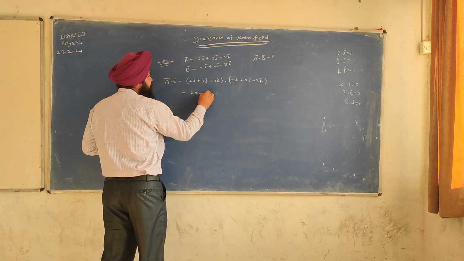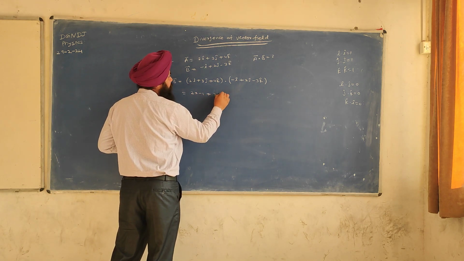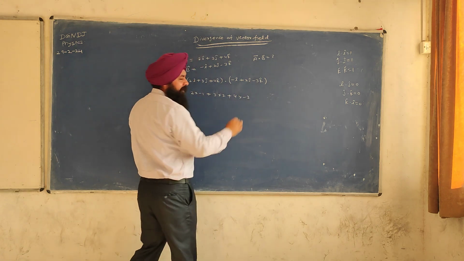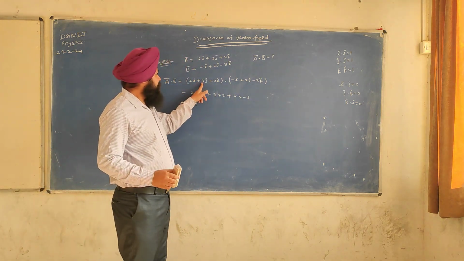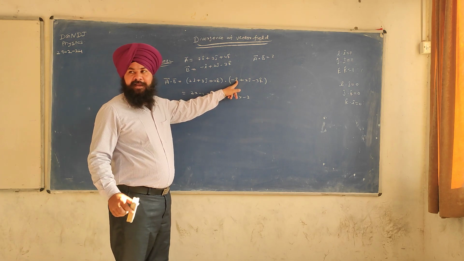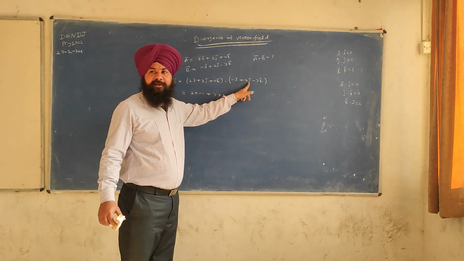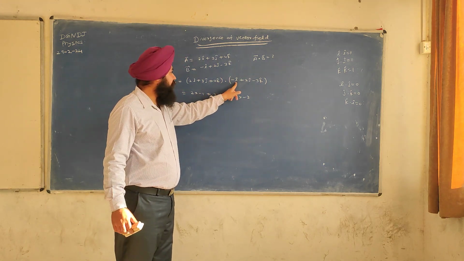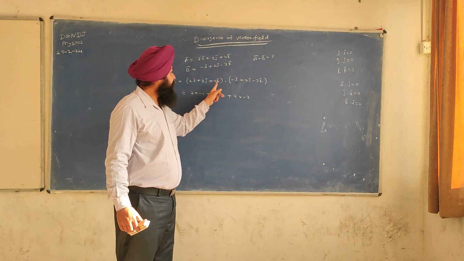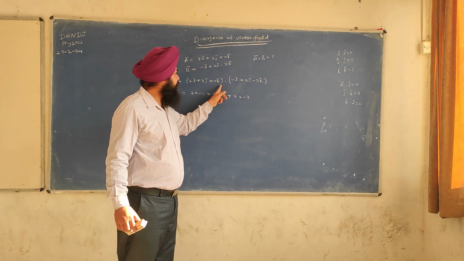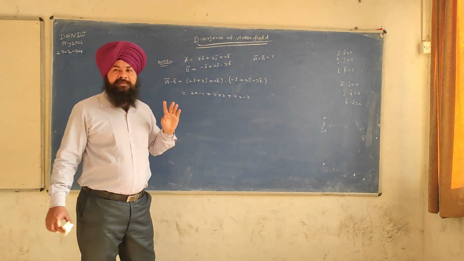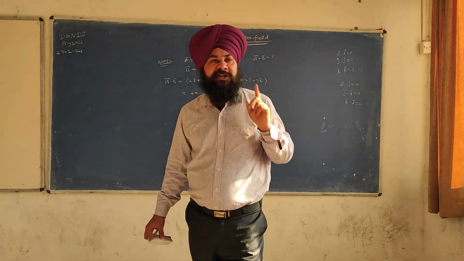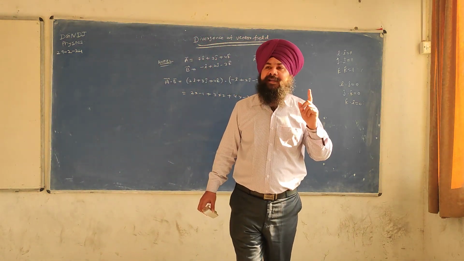So I'll write here 2 into minus 1 plus 3 into 2 plus 4 into minus 3. 3 i j to i is 0, j dot j is 1, j dot k is 0. Similarly k dot i is 0, k dot j is 0, k dot k is 1. It means the rest of the combinations will give 0. Only i dot i, j dot j and k dot k will survive.